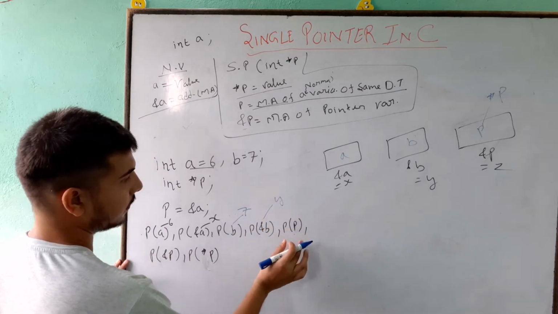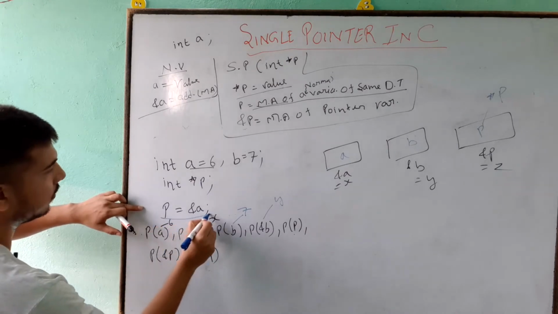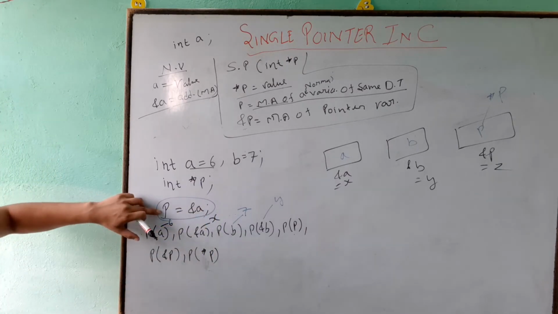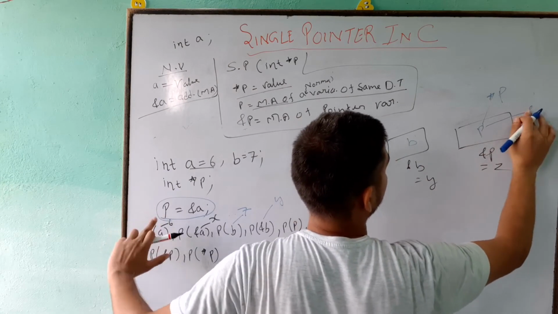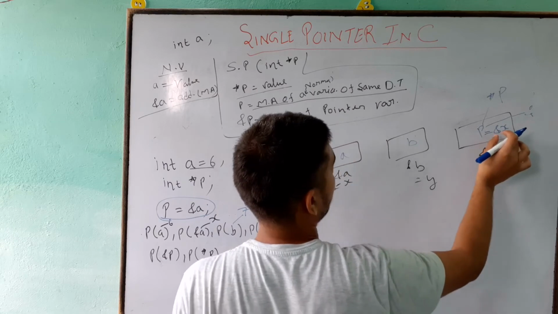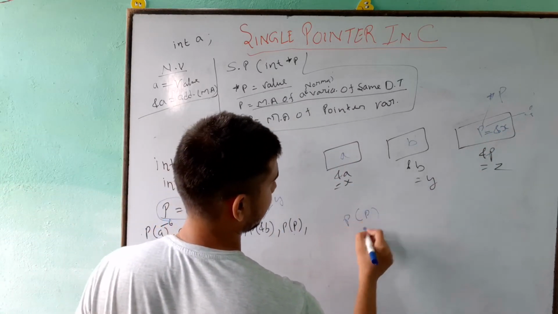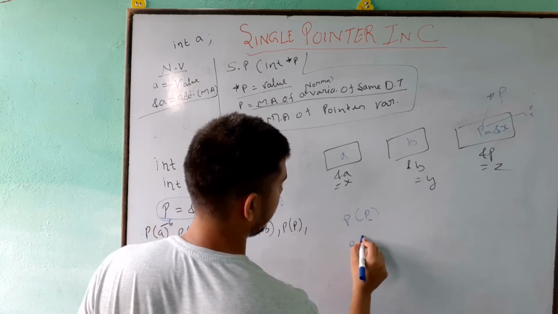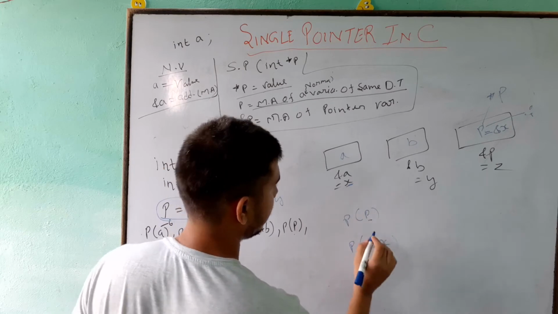Now printf of p, what are we doing here? p is holding the address, here it is equal to &a.